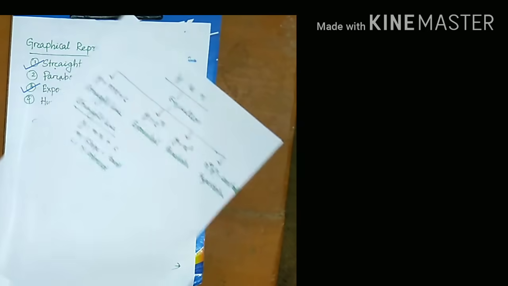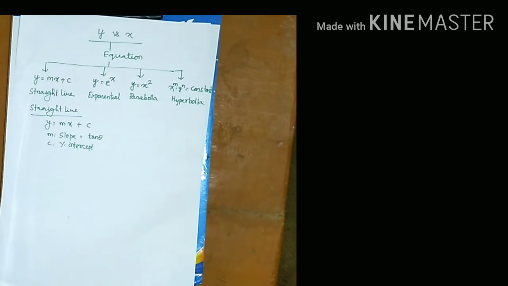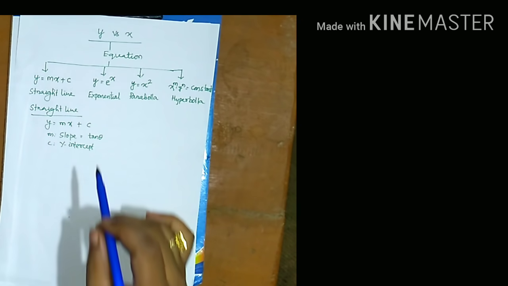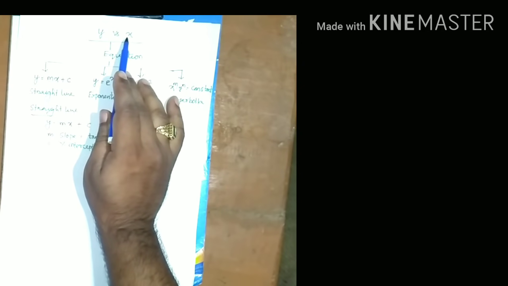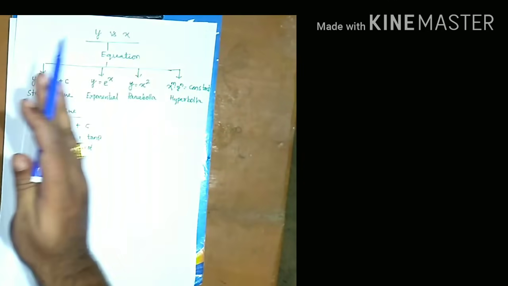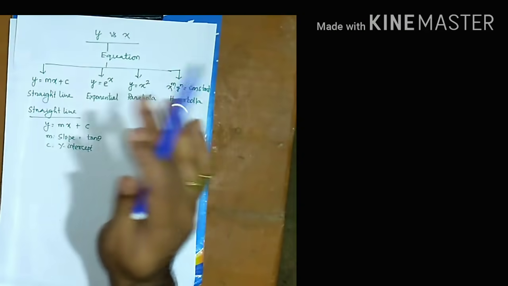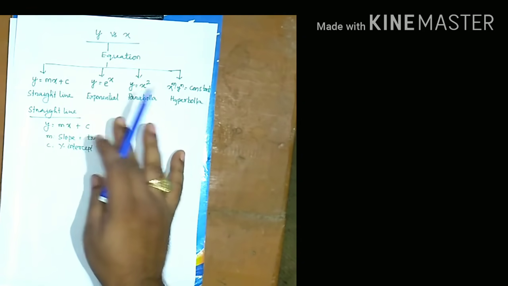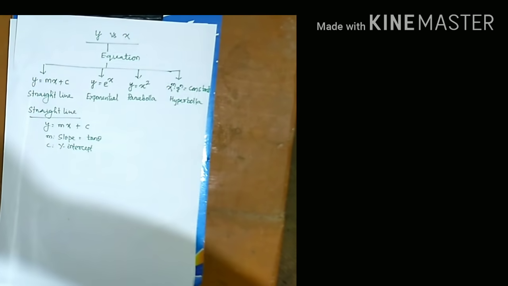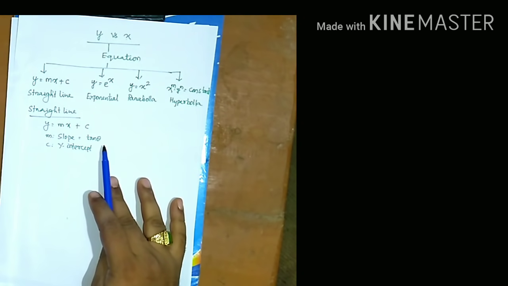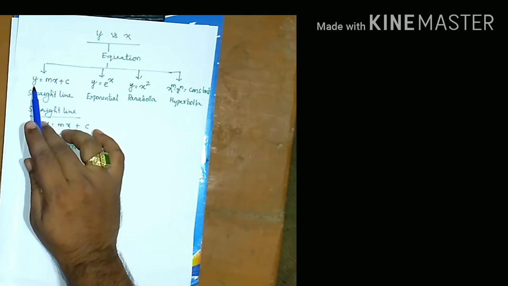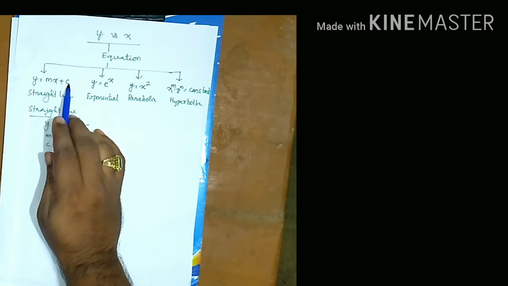I will make a comparison of all four equations together so that you can distinguish between them. Here I have taken y versus x, so in all these equations y will be on the left hand side and x on the right hand side, except one, that is hyperbola. In hyperbola, both x and y will be on the same side. Let's go to the equations. The first equation is y is equal to mx plus c.